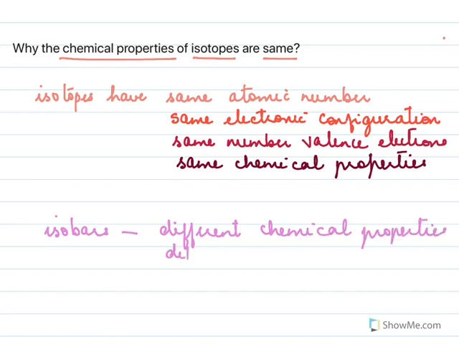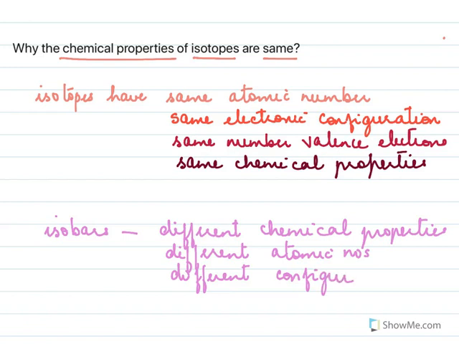And the reason is, because they have different atomic numbers, they have different electronic configuration, and different valence electrons. If the arrangement of electrons is different, the valence electrons also will be different.